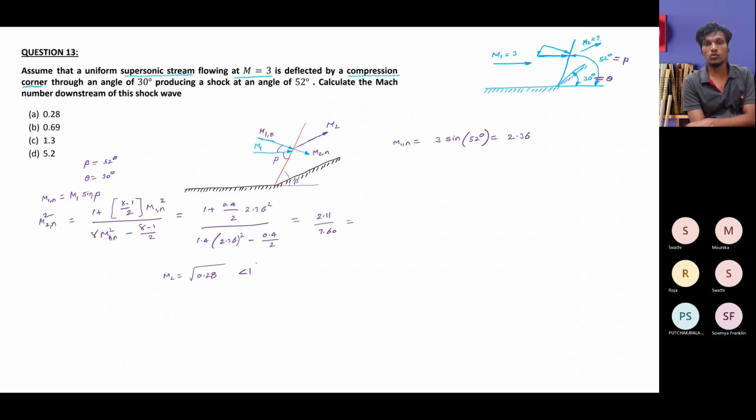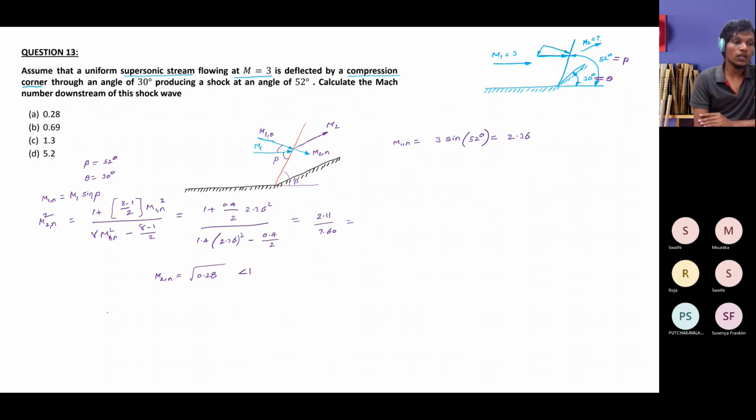If the flow is supersonic and crosses the oblique shock wave, it is not necessary that the flow be subsonic downstream. But the component normal to the oblique shock wave should be subsonic. That is M2N, the square root of 0.28, which is less than 1. So it is now subsonic, and we are on the right track.